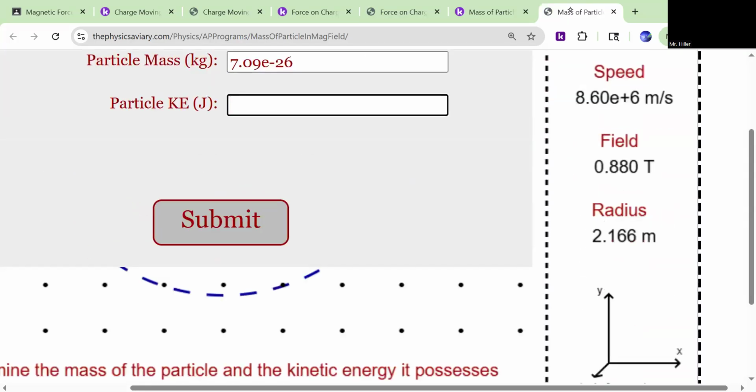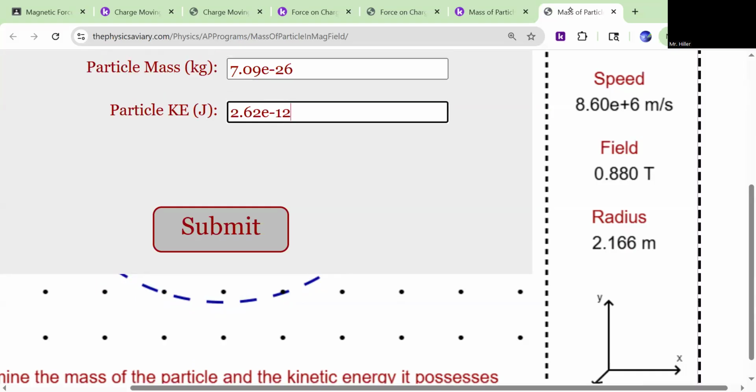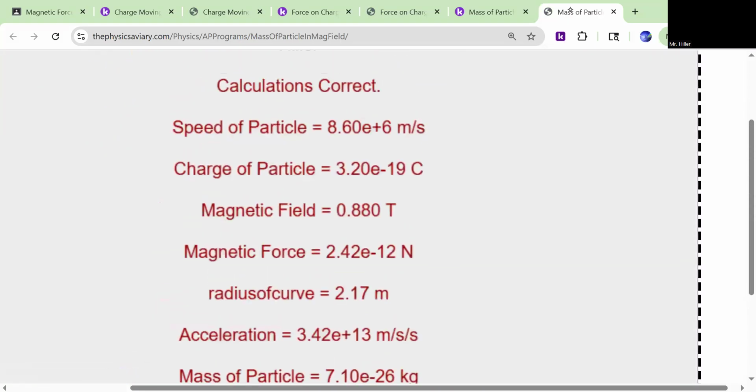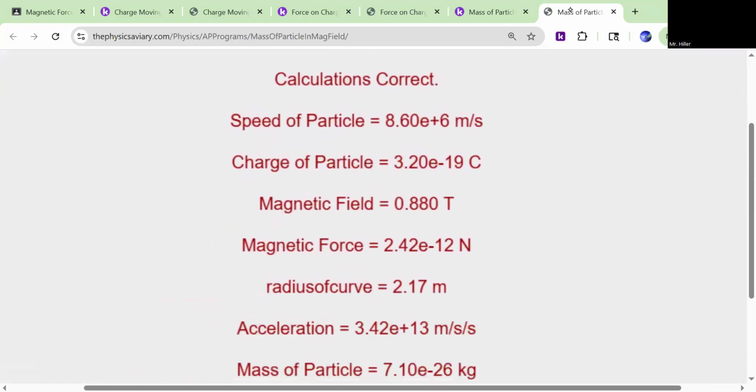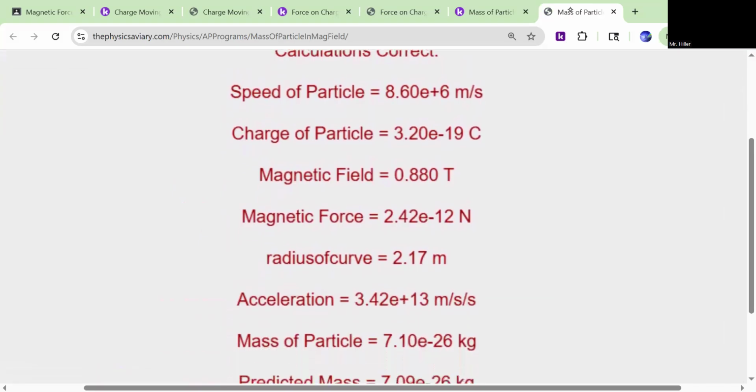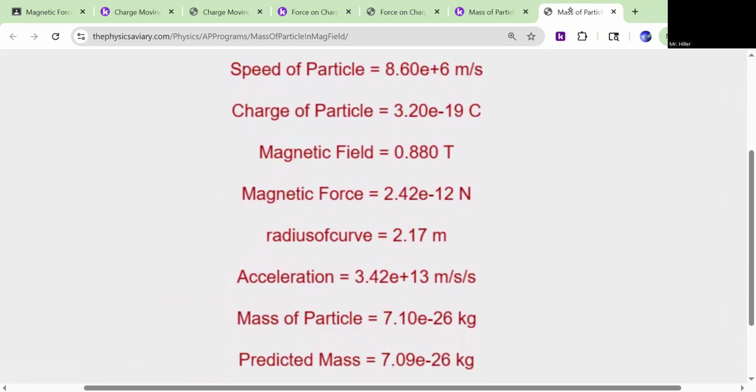Okay, particle kinetic energy. Okay, and it shows me that my calculations are correct for this as well.